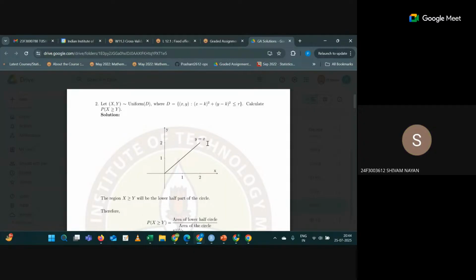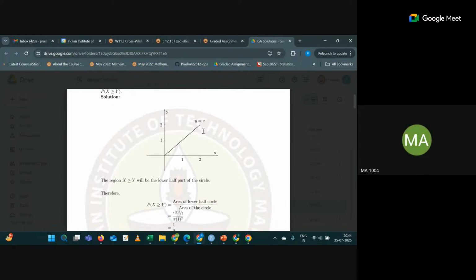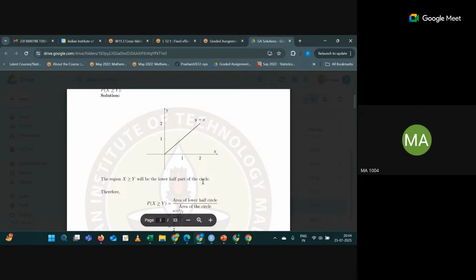What is the total area? Pi r square. What is the r? Question 1, sir. So the total area is pi 1 square, right? Now, what is the numerator part? Favorable, where you are interested in the lower half, right?